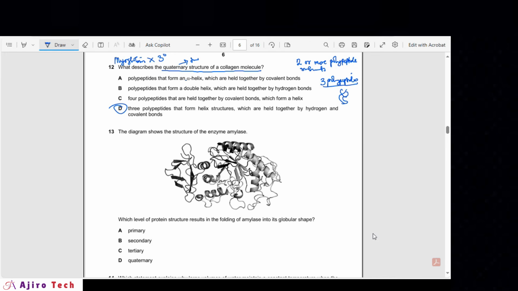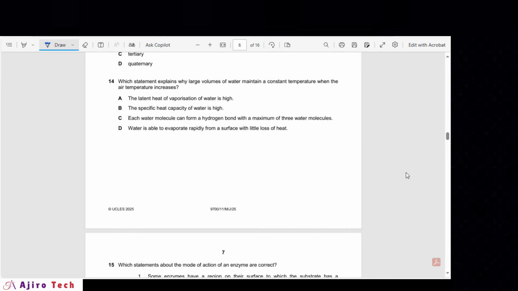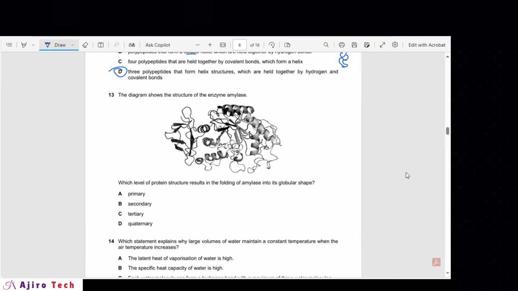Not alpha helix, not double helix, but triple helix, like three intertwined ropes.